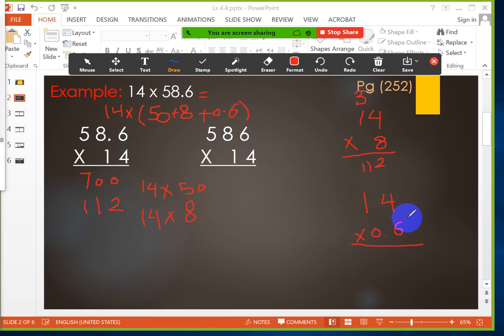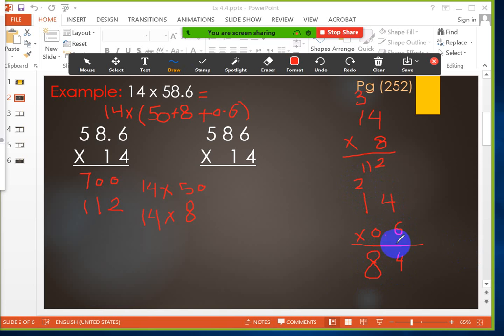Okay, so that means 6 multiply 4 equals what? Equals 24. So I will put 4 here and 2 above the tens. Okay, now continue. 6 multiply 1 equals 6. 6 plus 2 equals 8.